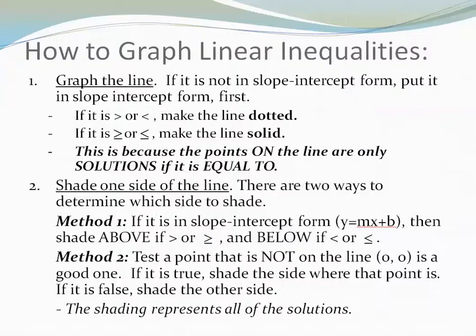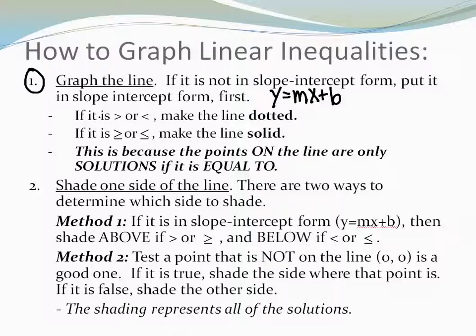Okay, so now here are the steps to graph a linear inequality. There's two major steps. The first one is you're going to graph the line. If it is not in slope-intercept form, put it into slope-intercept form first. That's y equals mx plus b, because that's the easiest way to graph a line.